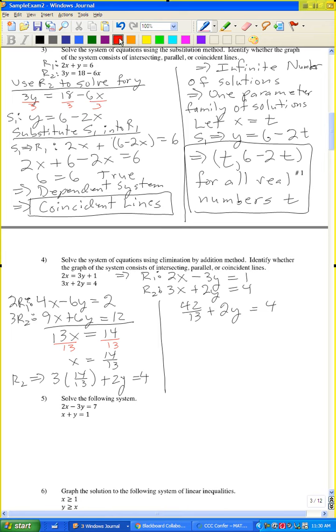Let me multiply both sides of my equation by 13. And so 42 plus 26y equals 52. Subtract 42 from both sides.